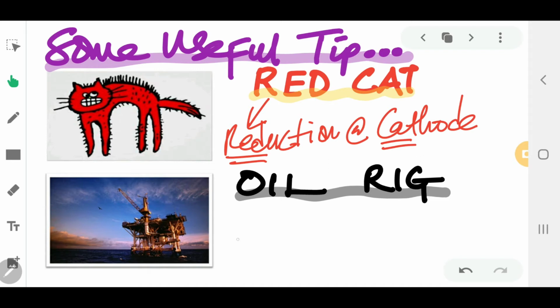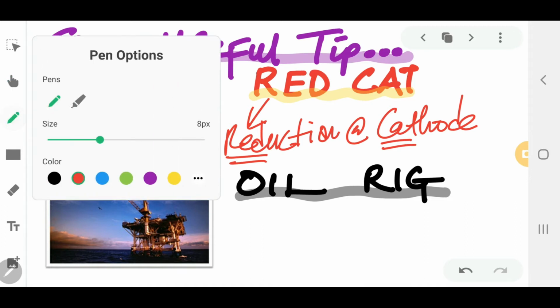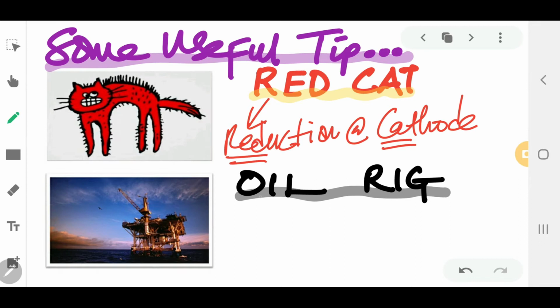What about the second picture that we have over here underneath the red cats? This is the picture of an oil rig. And how are we going to use this mnemonic to help you to remember some information? So when you look at the letter O, you can imagine that one is oxidation.